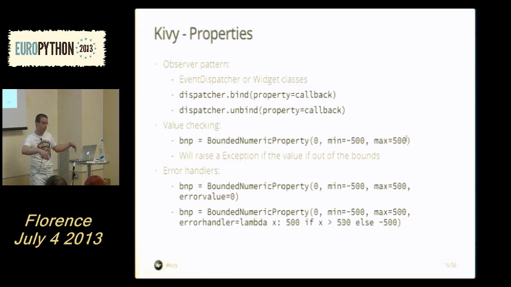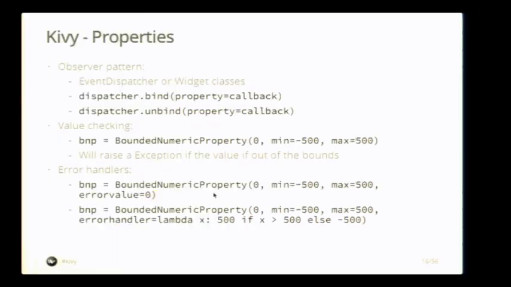You just want, okay, if the user made an error when playing with the application, I will just put another default value. So this is what error handlers are. Here, if I'm setting like 1,000, it will just go to the error case and assign 0 instead of the user value. Or you can create your own handler on the fly to try to set another value.